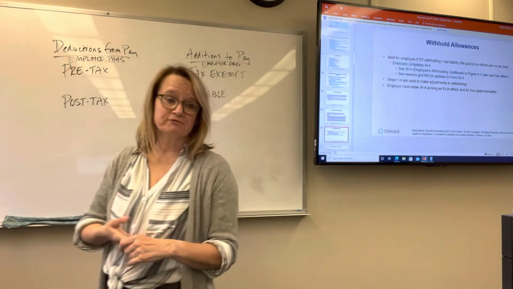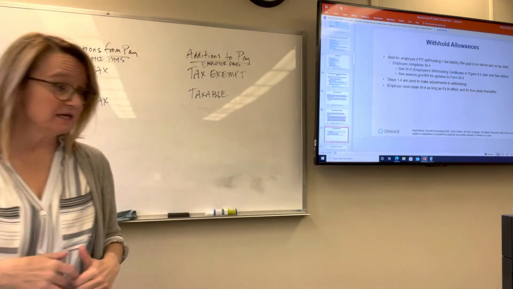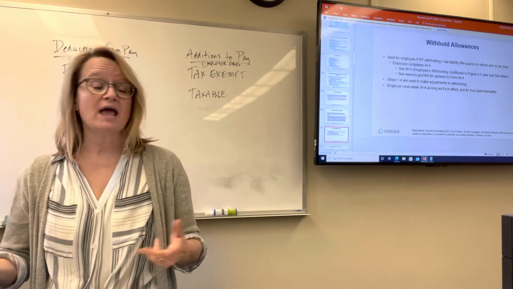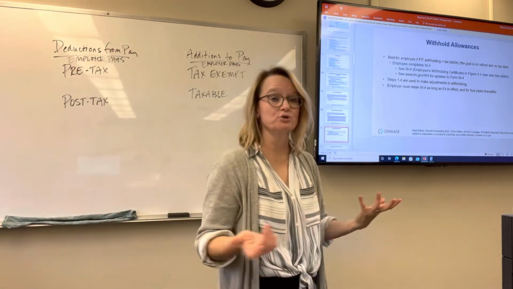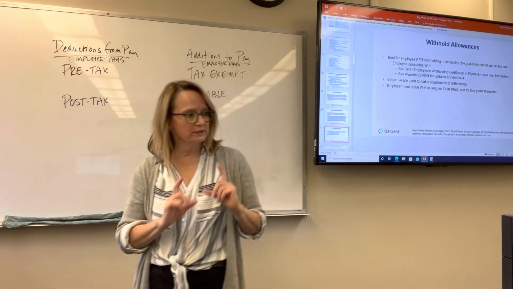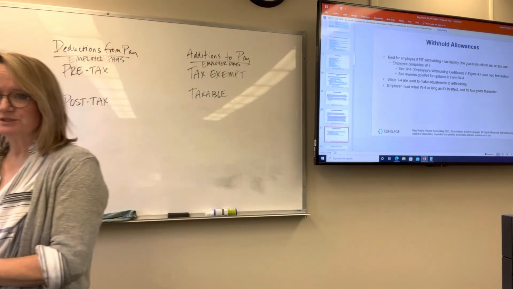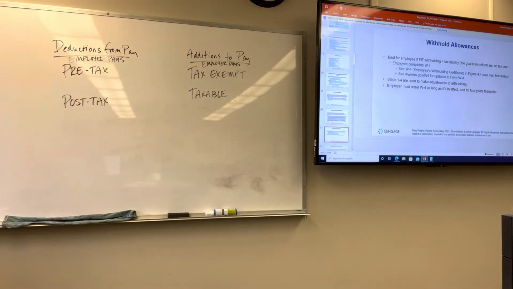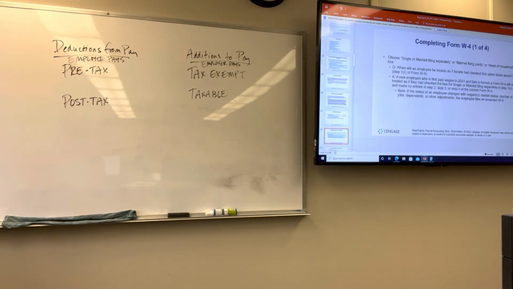W-4 forms are filled out by employees at the beginning of employment, and they can be filled out at various times during employment. The W-4 relates to how the tax return is filled out as well. So let's take a look at the W-4.